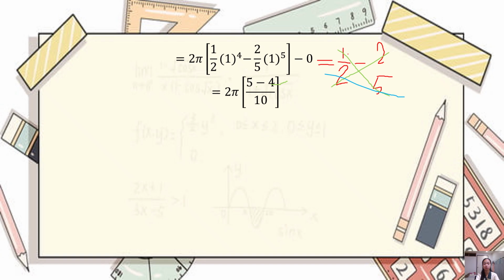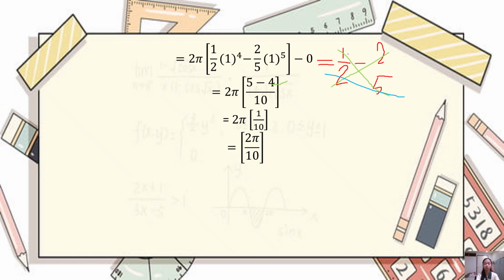So this is what we call the butterfly method. 5 minus 4 is 1, and copy 10. Now we will multiply 2π times 1 over 10. 2π times 1 over 10 is equal to 2π over 10. As you can observe, the numerator and denominator are both divisible by 2.